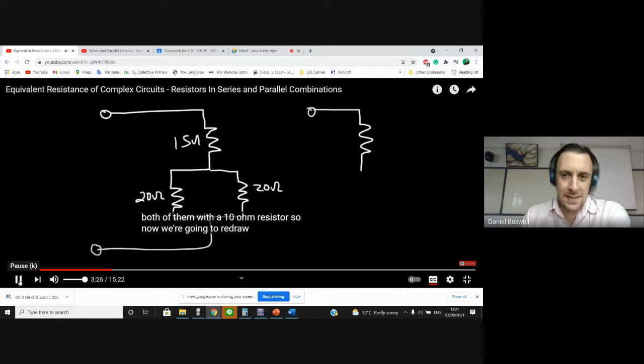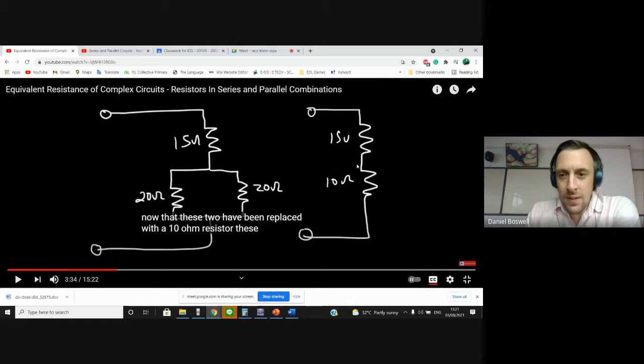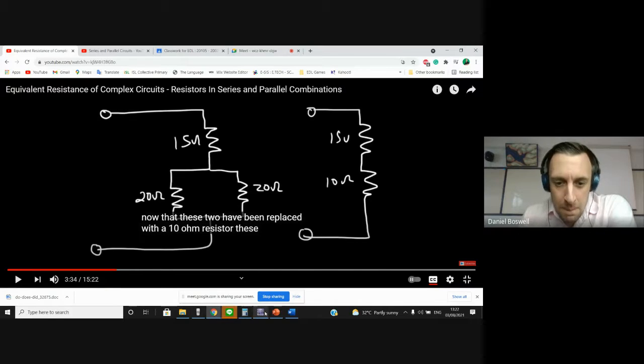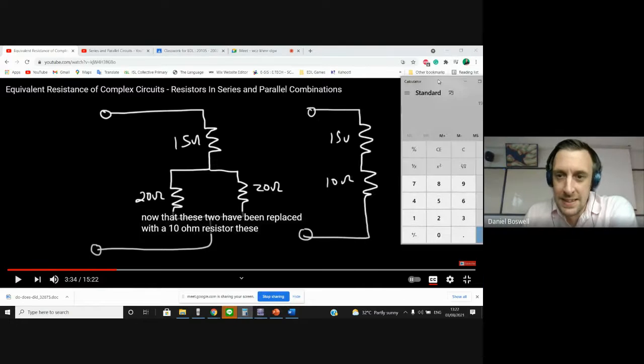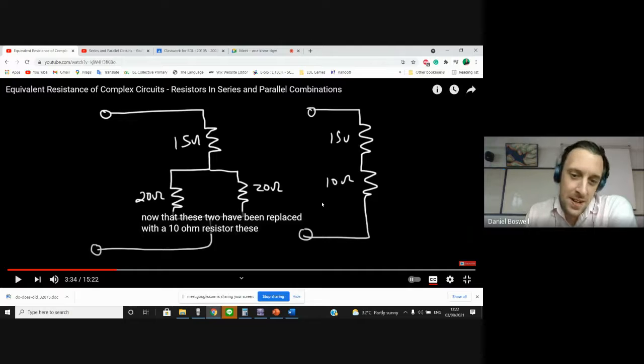Now on the right hand side, we've turned these two into one. Now our circuit is in series. And what do we do to find RT in a series circuit? Put it together, plus it, just add it together. I don't even need the calculator for this. So 10 plus 15 is 25.